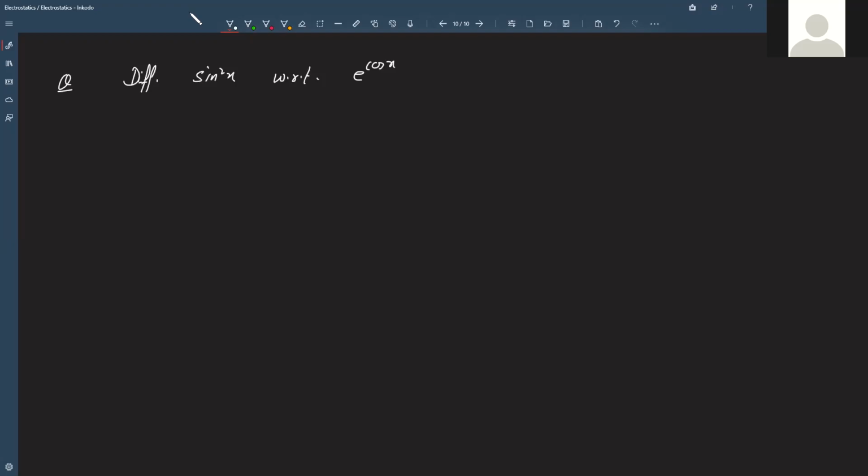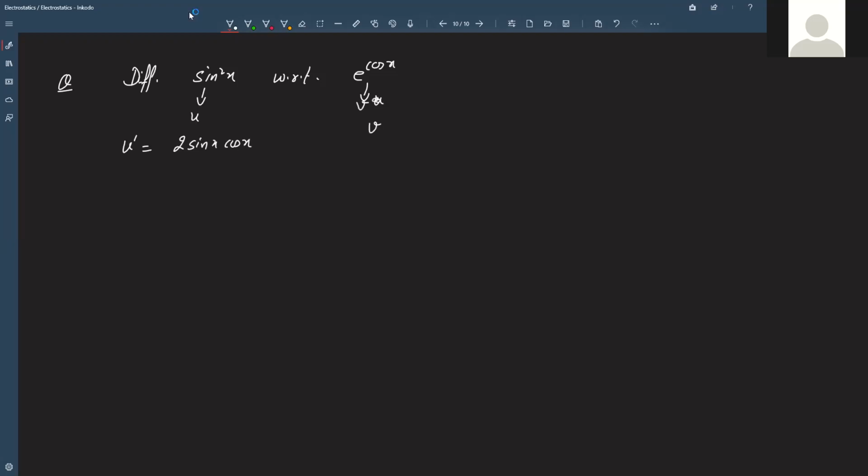So first, let's say this function is u and this function is v. So first you find u dash. So u dash will be 2 sine x cos x, and sorry, this is v.